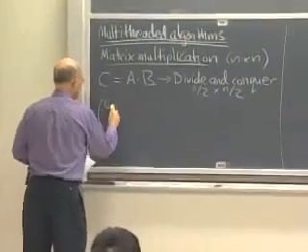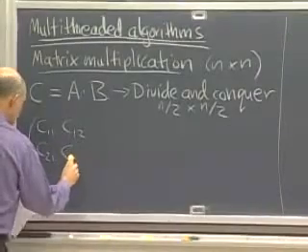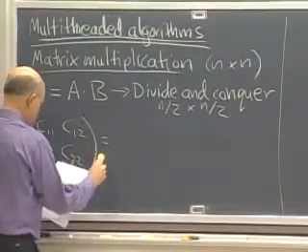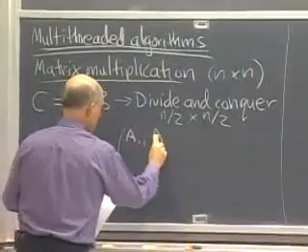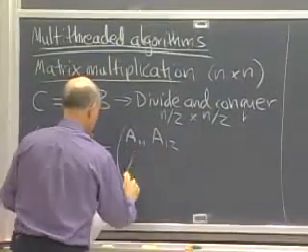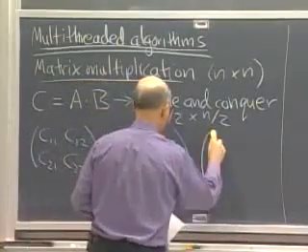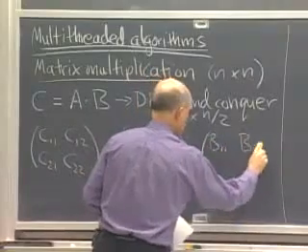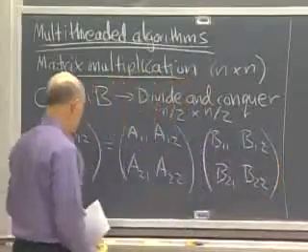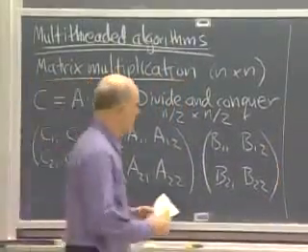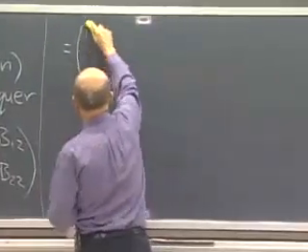So I partition C into 4 blocks, and likewise with A and B. Okay, and we multiply those out, and that gives us the following.